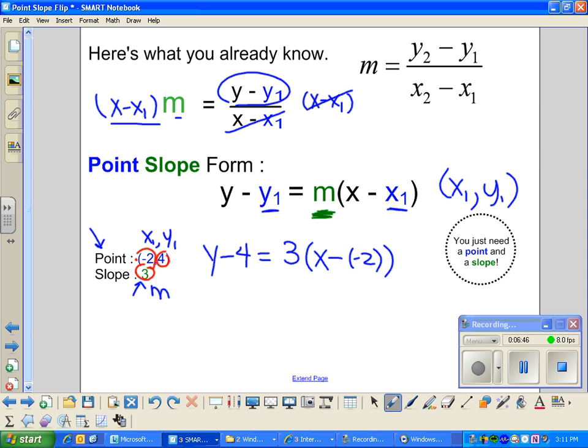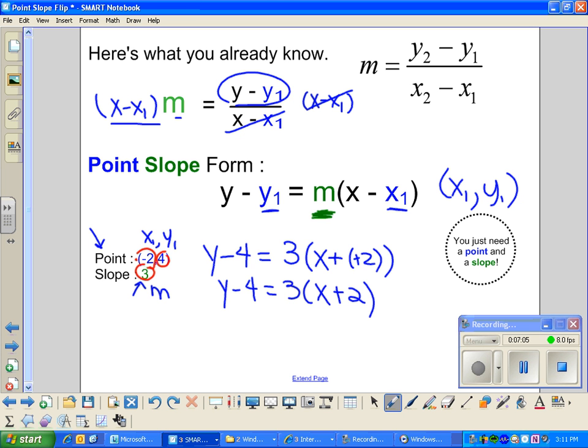I've done it. That's it. I've written the equation in point slope form. If you're given the point and you're given the slope, I can actually simplify this. I'm going to get y minus 4 equals 3 times x plus 2. Bam! I've got myself an equation.